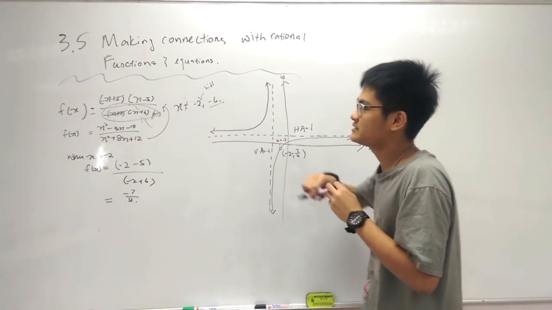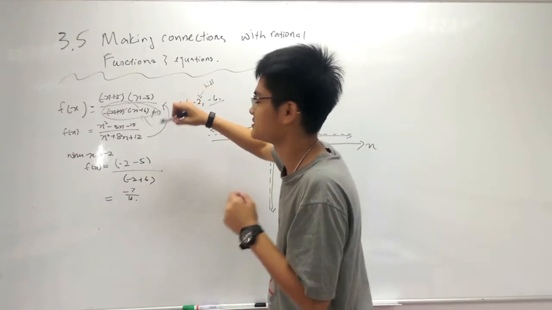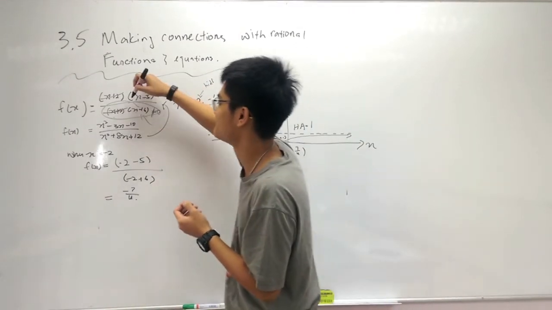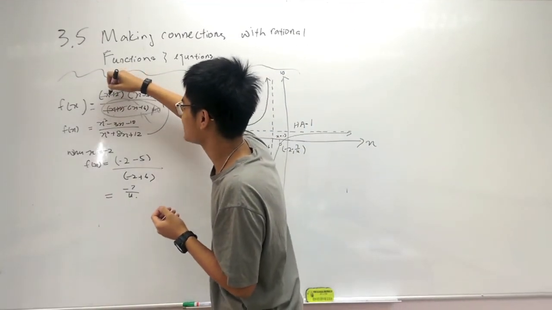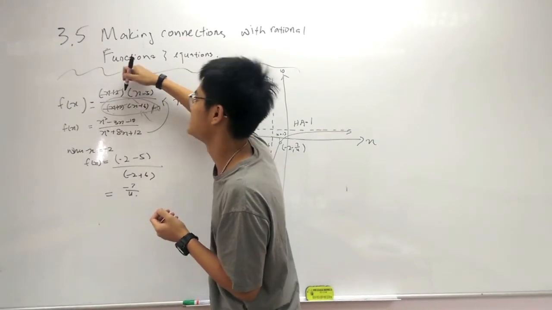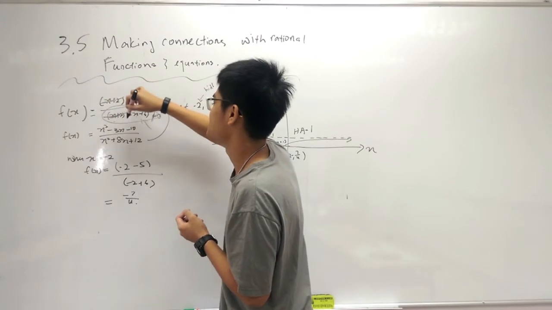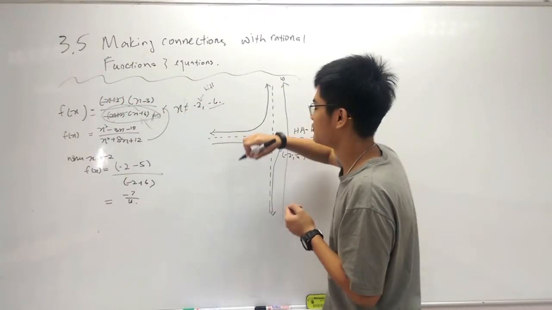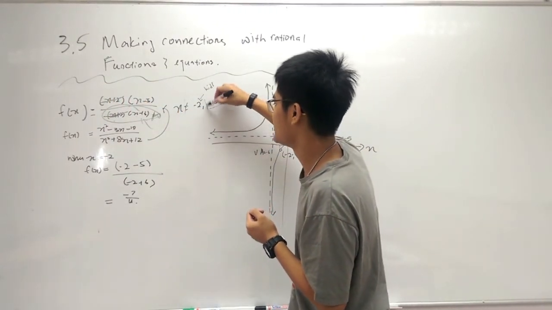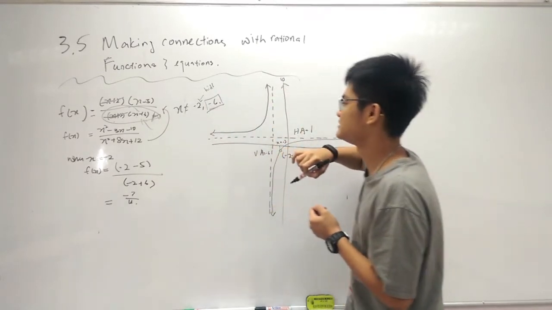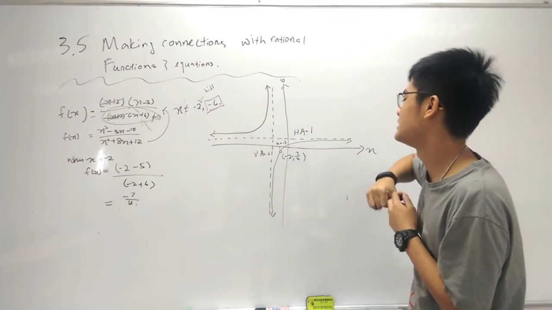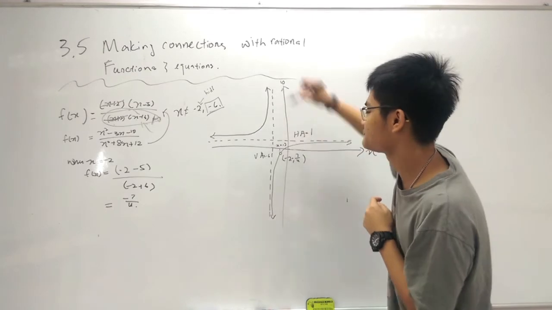But this rational function, which has been factorized, can be simplified. The x plus 2 exists in both the numerator and the denominator, so they cancel each other out. Instead, we shall only see a visible restriction, which is x equals negative 6, which shall be your vertical asymptote, which is here.